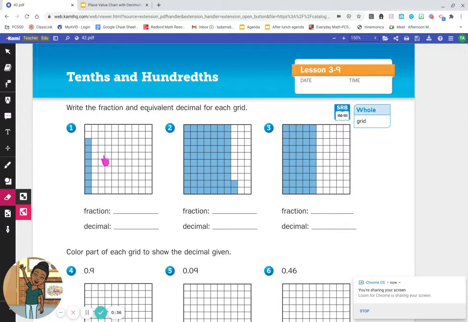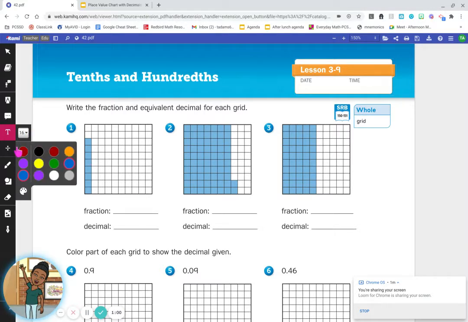For number 1, let's keep in mind, how many squares do we have here? We have 100. And when we have 100, does the total number go on the top as the numerator or the denominator? Yes.